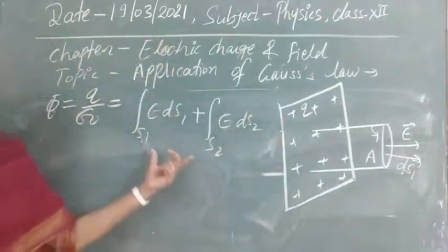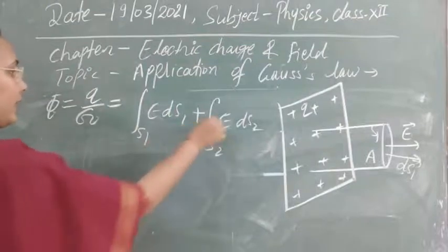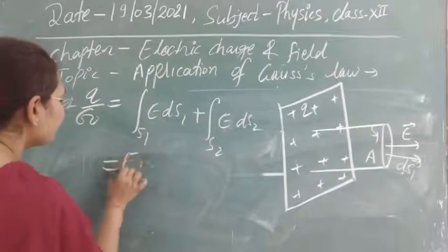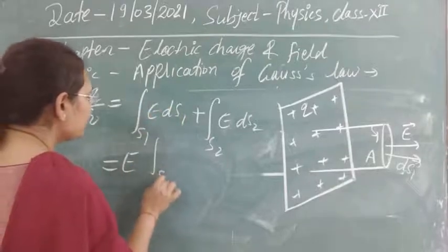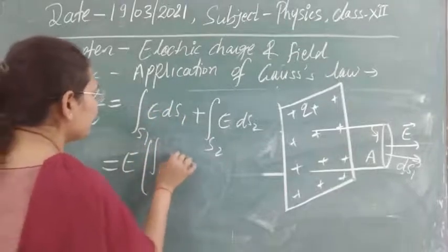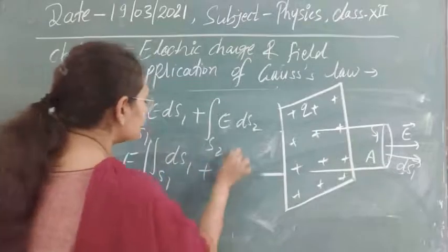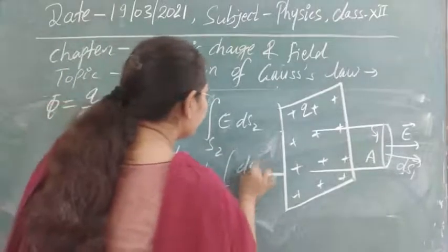Now as E is uniform, we can take it outside, and then this will be E times the integral over ds1 plus the integral over ds2.